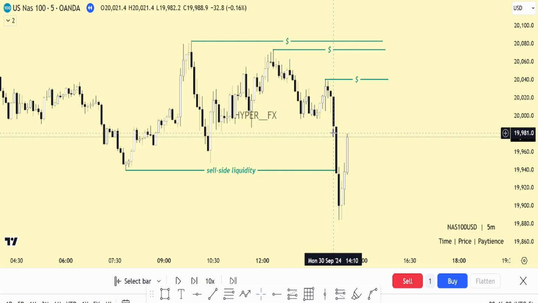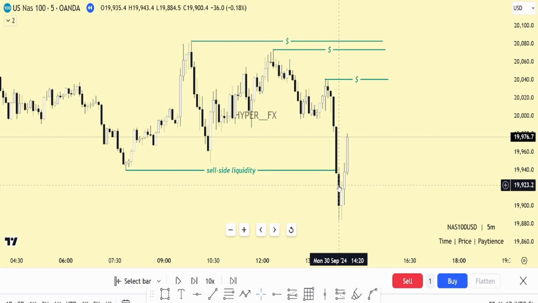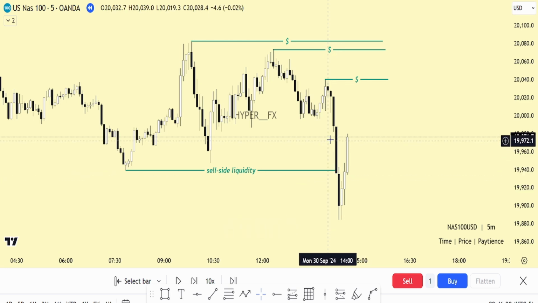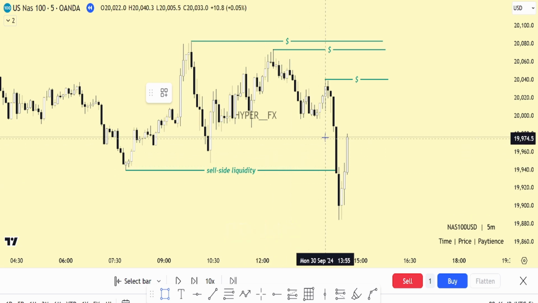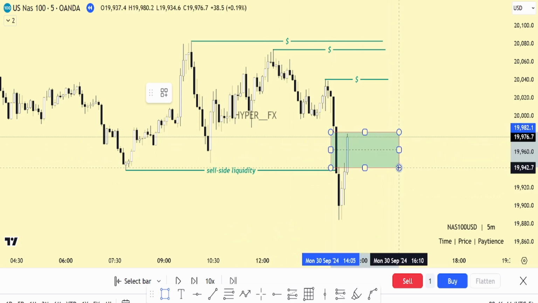When you are looking at a fair value gap, you are looking at basically 3 candles, and the characteristic of those 3 candles is that the low of the first one and the high of the third one, when you are looking at a sell side imbalance, are not touching each other, which leaves you with a price delivery that was delivered only to the sell side.